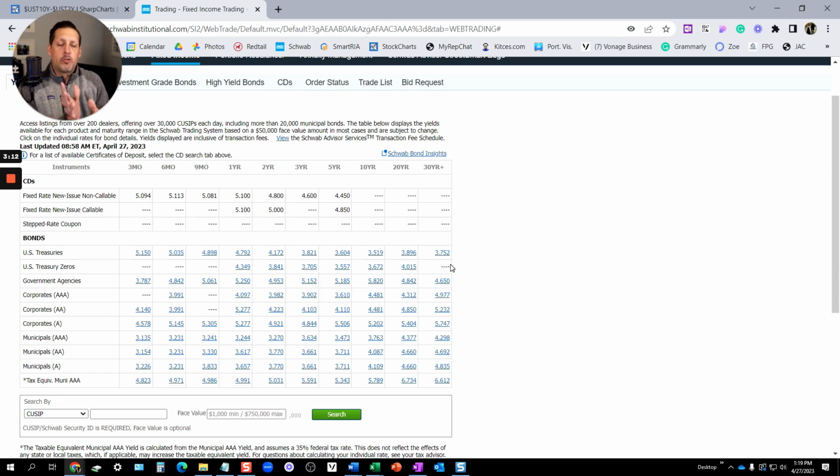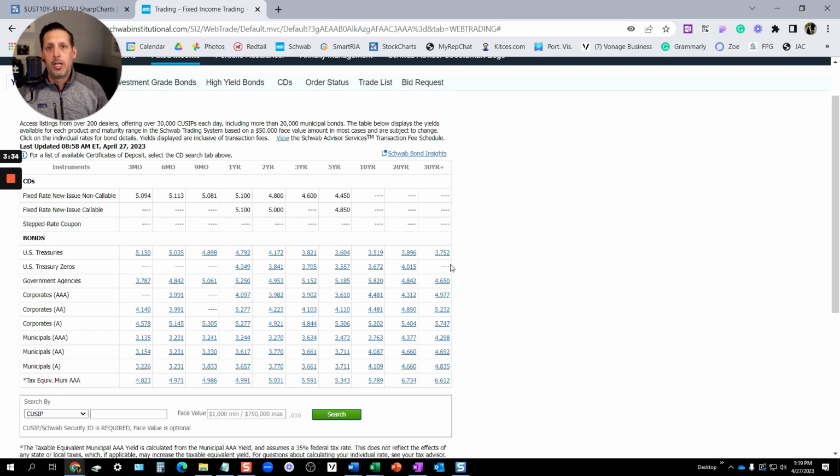That has a much more dramatic effect the longer out you go. It's called duration, which means for every 1% interest change, how much the value of your bonds go up and down. So the longer you are out on the curve, the more duration interest rate risk you have. The shorter you are, the less duration interest rate risk you have.